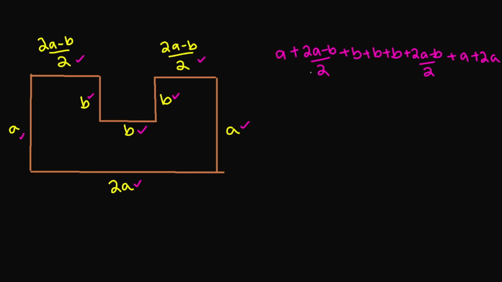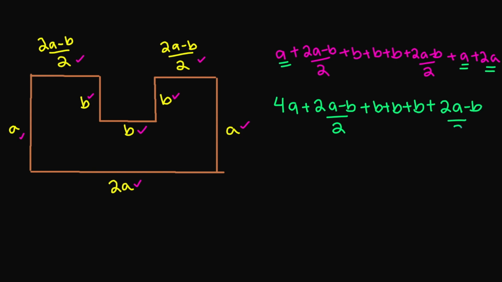Now we're going to combine like terms. So we have A here, and another A here, and another A here. So we have A plus 2A, that's going to equal 4A. And then we have plus 2A minus B over 2 plus B plus B plus B, and then plus my 2A minus B over 2 again.